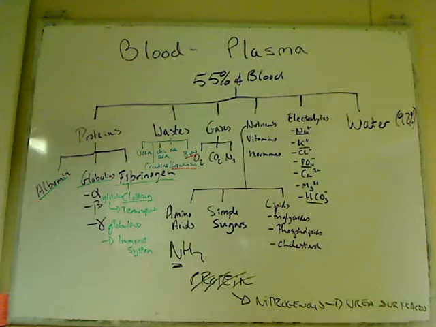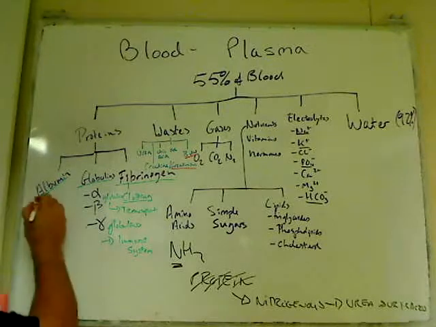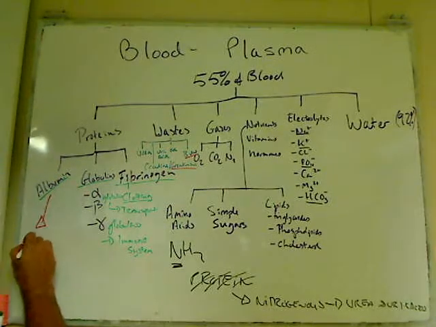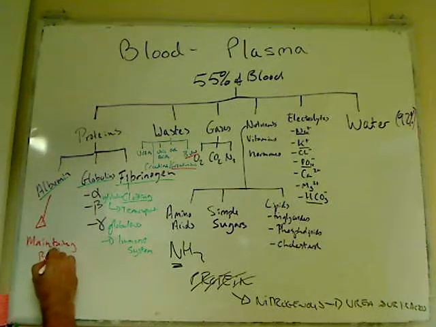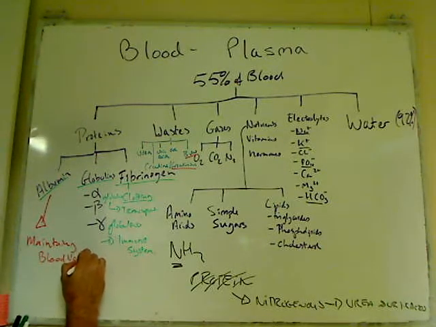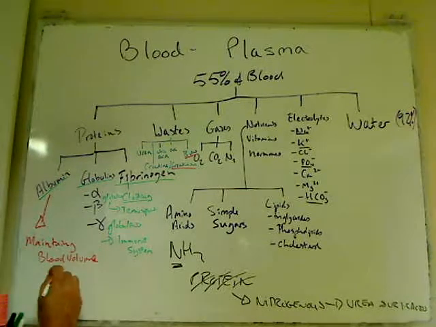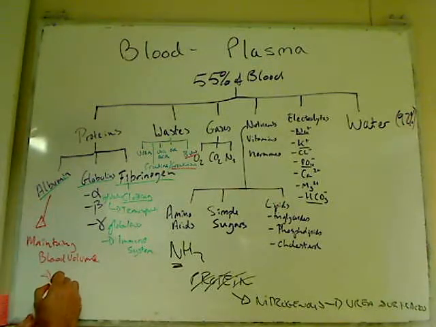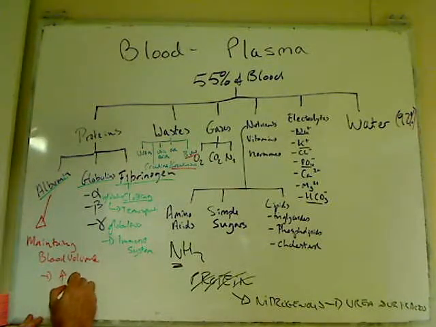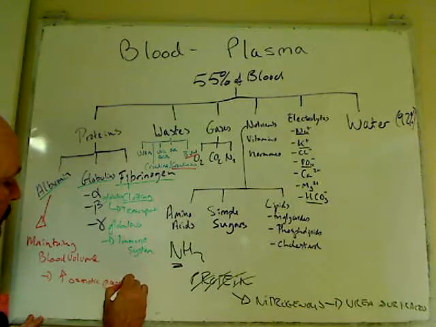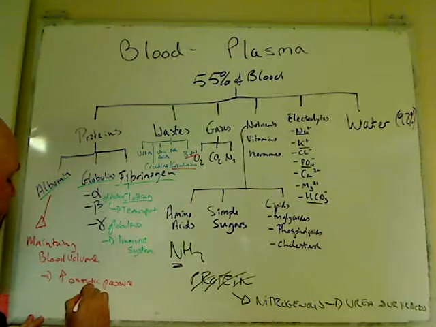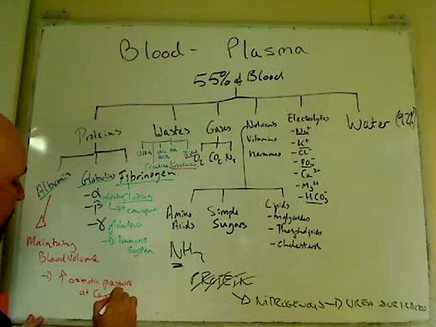Finally, we have albumin. And albumin is very important in maintaining blood volume. And this is done by creating or increasing the osmotic pressure at the capillary beds.